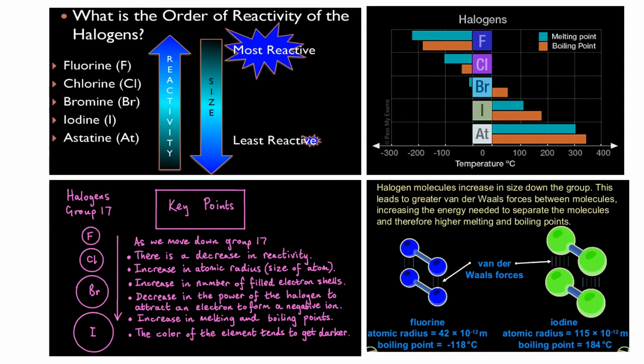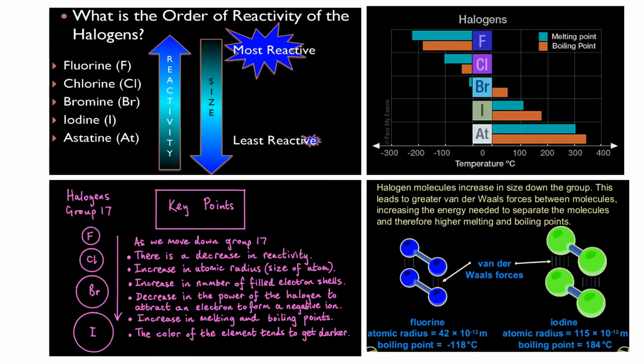For example, fluorine is more reactive than chlorine, and bromine is more reactive than astatine. As you go down group 7, the size increases, again because the number of electrons and the number of protons increase. If we look at the melting points and boiling points, they both increase.